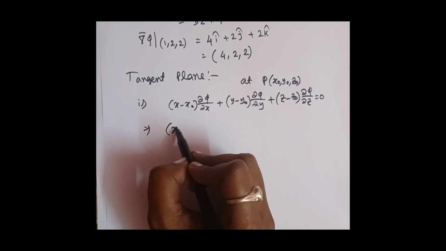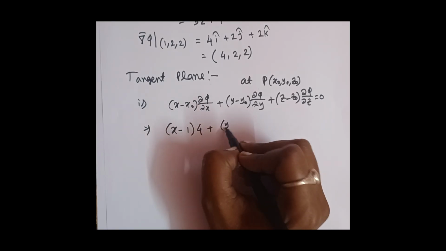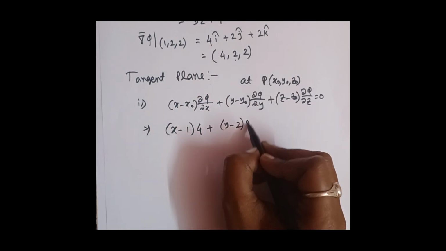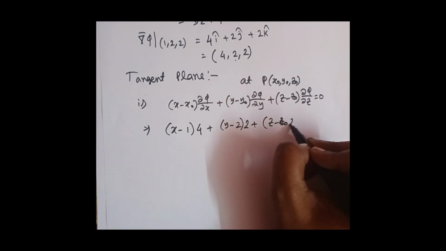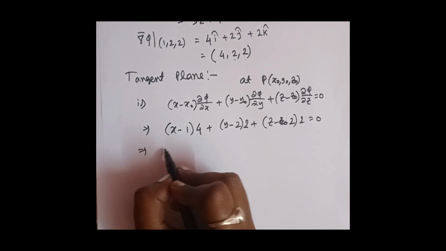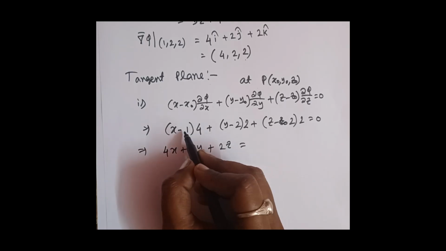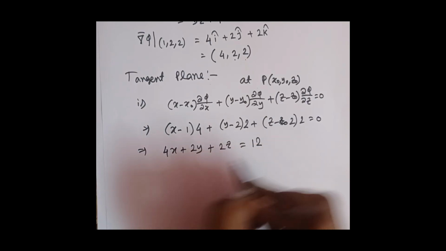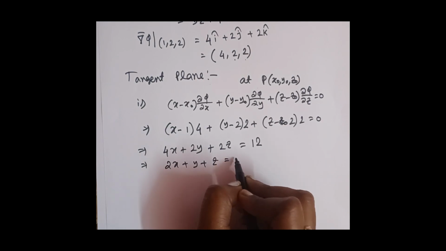That is, (x minus 1) times 4 plus (y minus 2) times 2 plus (z minus 2) times 2 equal to 0. That is 4x plus 2y plus 2z equal to, if you calculate, 4 plus 4 plus 4, that is 12. Hence you can take 2 common. So 2x plus y plus z equal to 6.